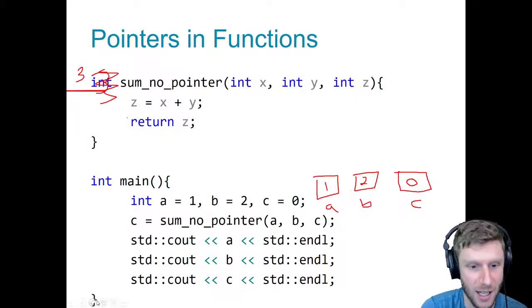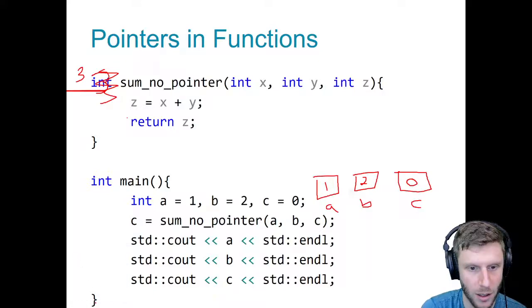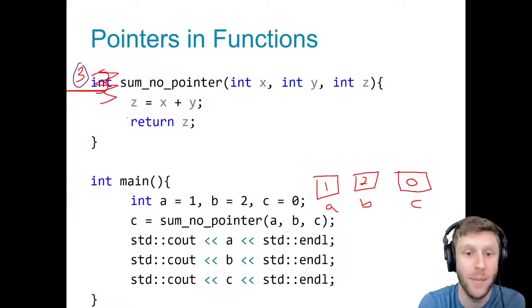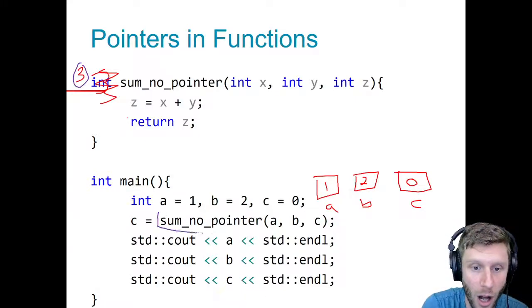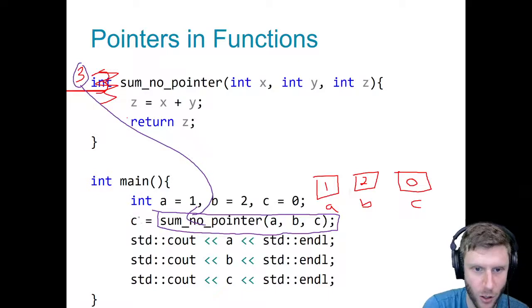But you'll see down here, I'll do a different color if it'll let me. Down here, we've got the 3 that's being returned by this function. So the function's going back to main and saying, I'm done, and here's what I'm coming back with. So all of this gets evaluated to the value 3. So what goes in C now?